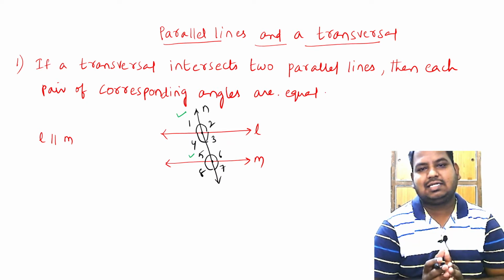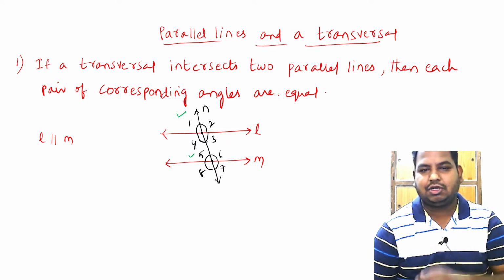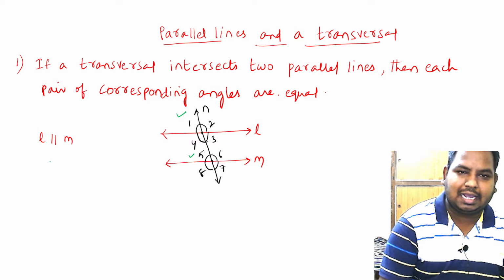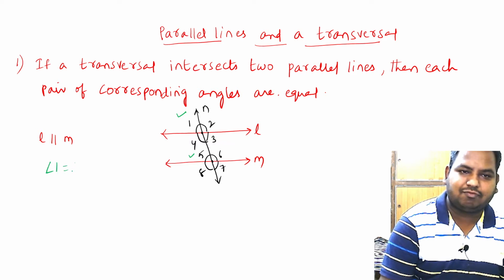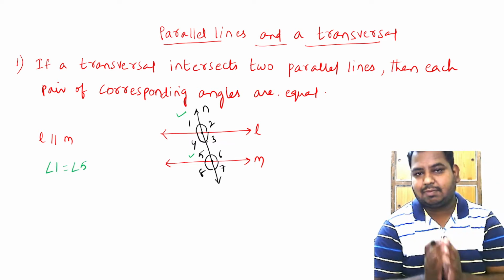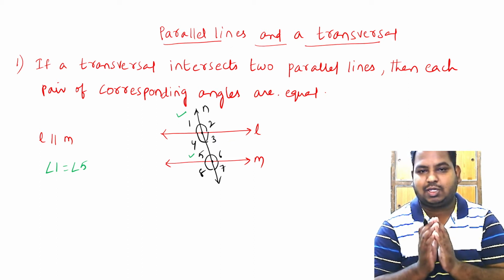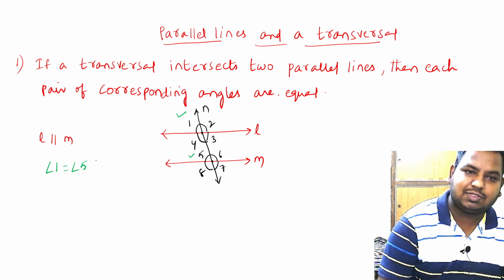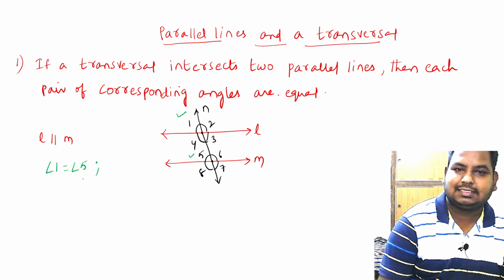Since L is parallel to M, we have angle 1 equals angle 5. If the lines are parallel, then corresponding angles will be equal. Next, can I know the next pair?